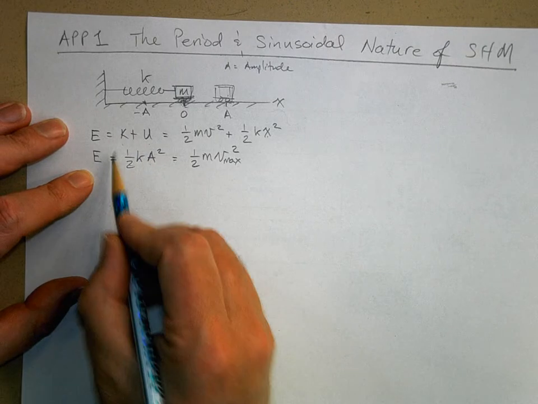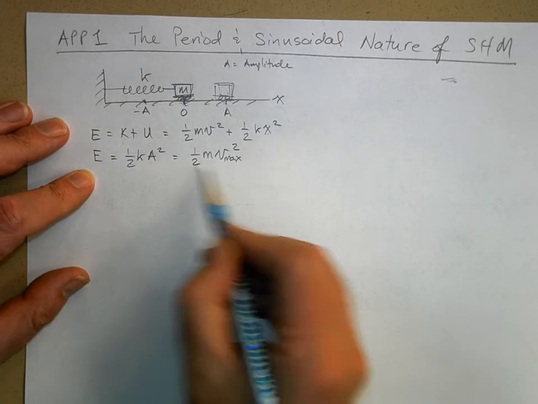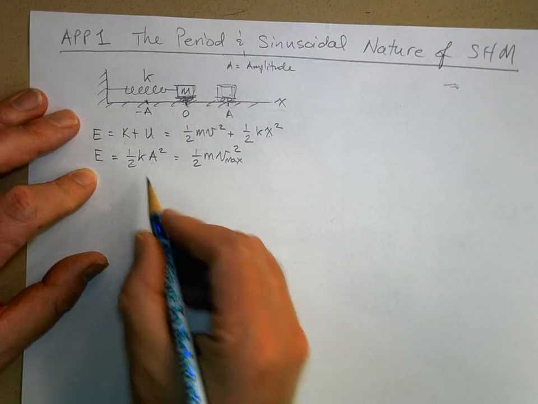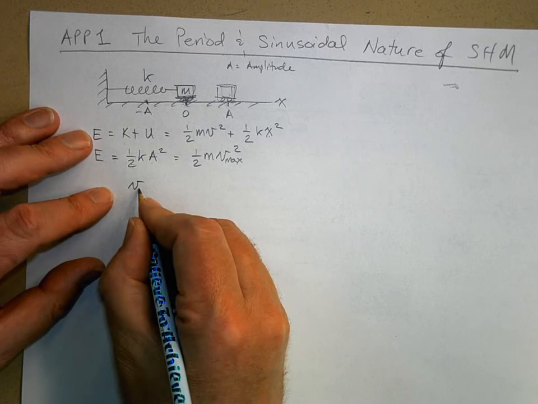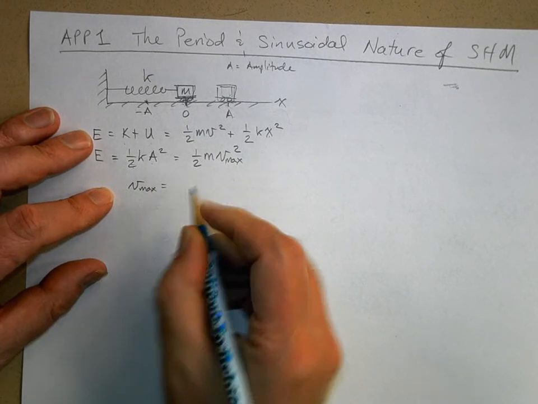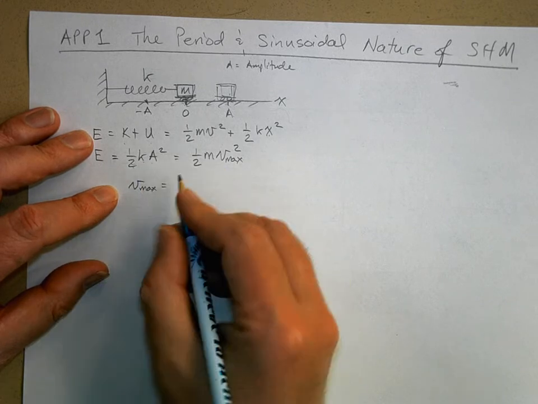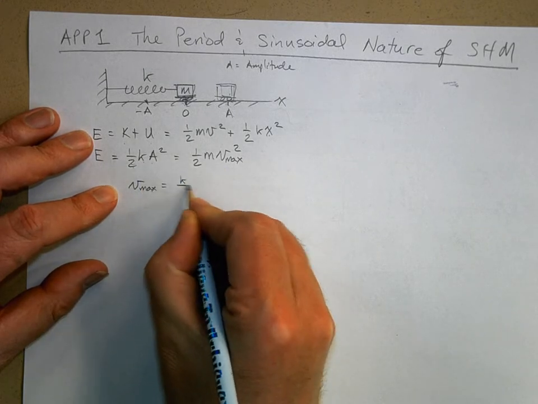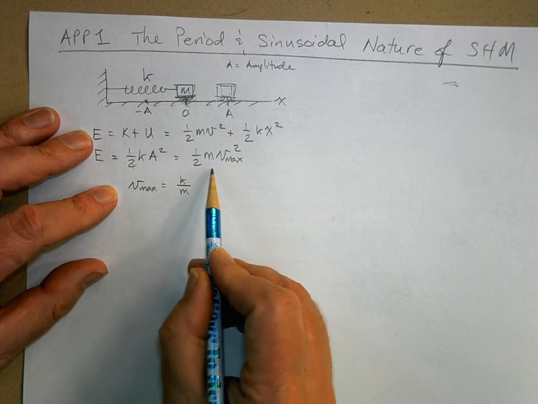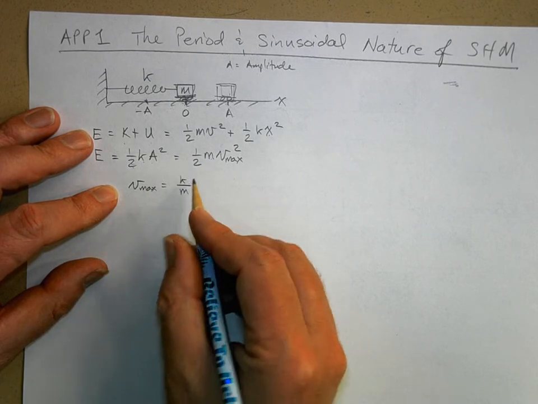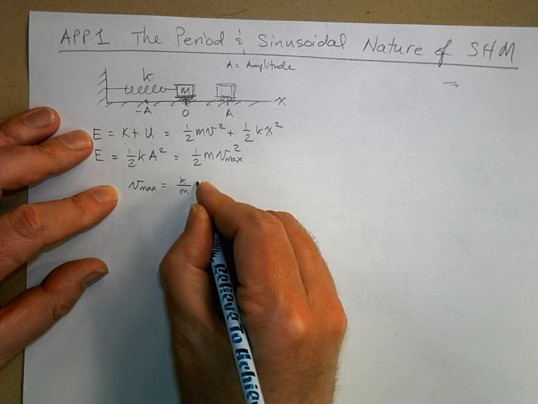I'm going to say, hey, 1/2 ka squared has to equal 1/2 mv squared. Well, the 1/2 goes away. If I solve for v, the maximum velocity, that's going to be equal to k over m, right? Divide by mass, and then we have A squared.